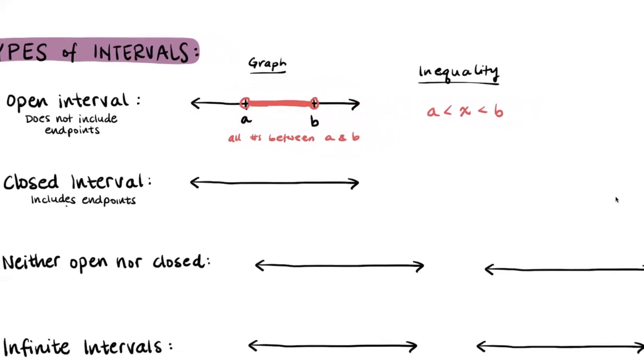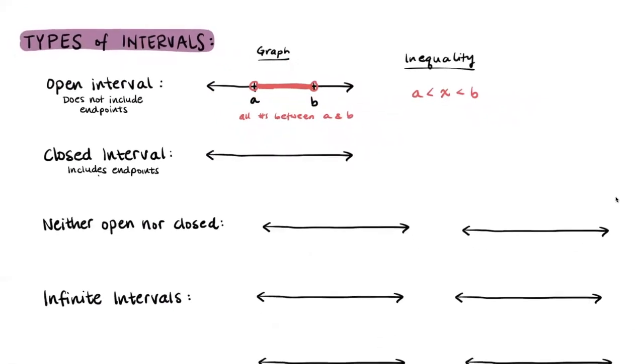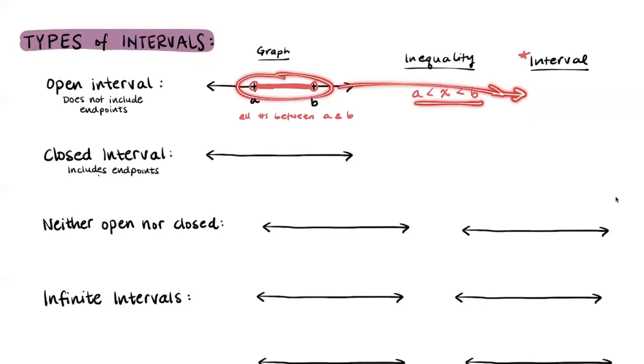And switching to the last and most preferable type of way to write this would be interval notation. This is the way that we want to be able to shift to. And the way that this graph gets converted into an interval is kind of weird because it looks like a coordinate point, but it's not.